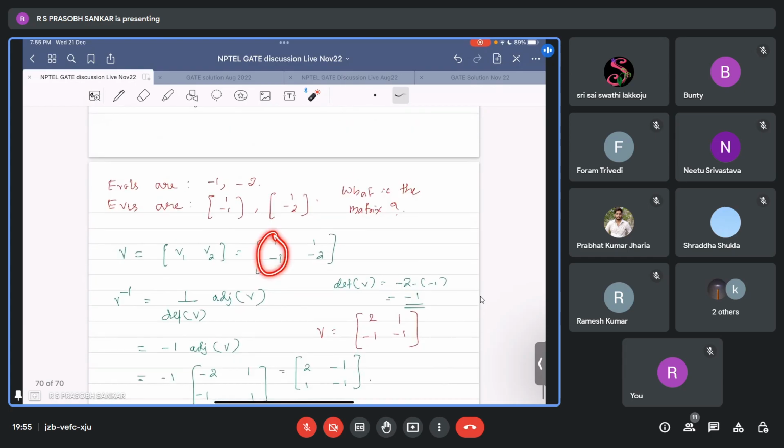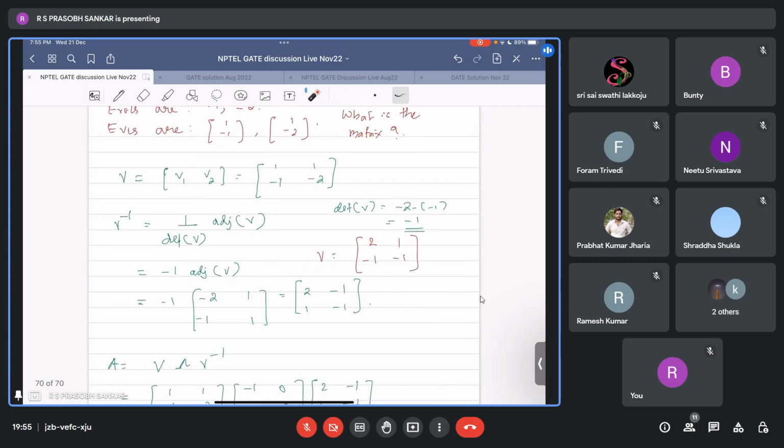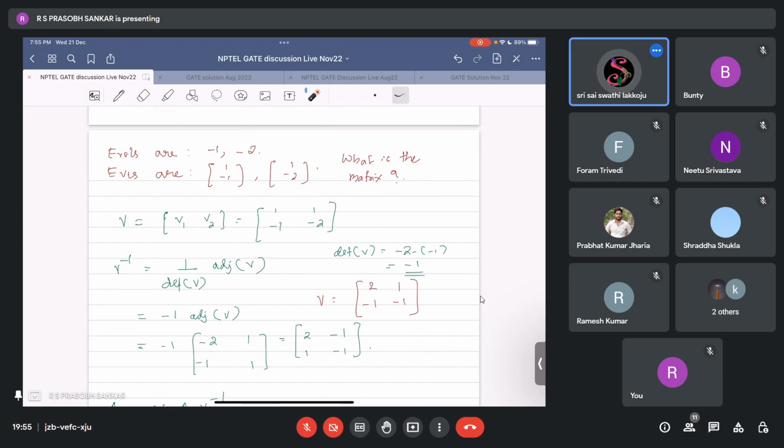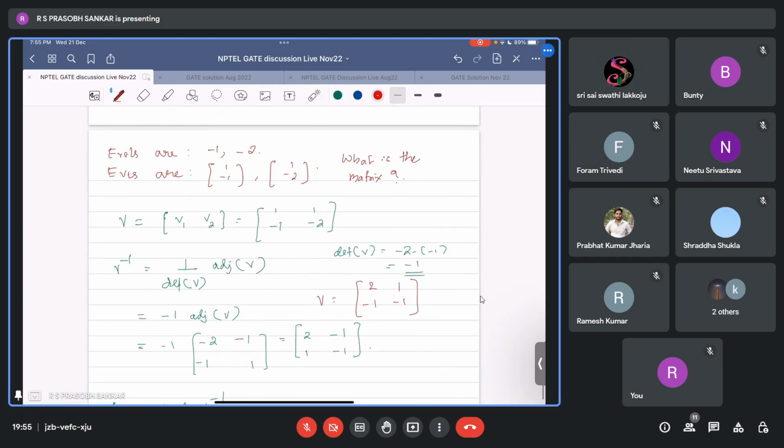So this is correct: 1, minus 1 and 1, minus 2. We have determinant to be minus 2 plus 1, so minus 1 that comes outside, let it be there. Adjoint means D and A will interchange, and for minus B and minus C the signs have to be swapped.